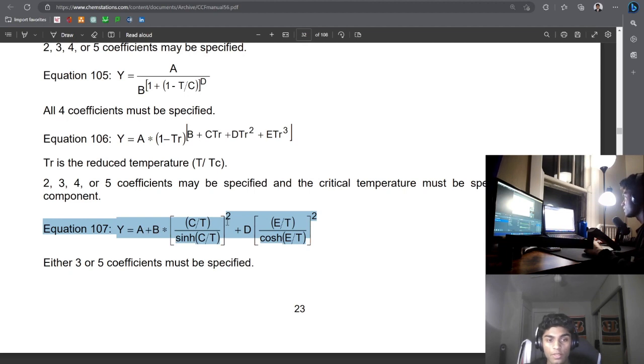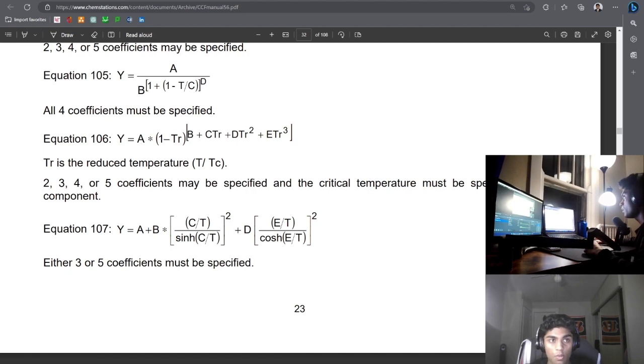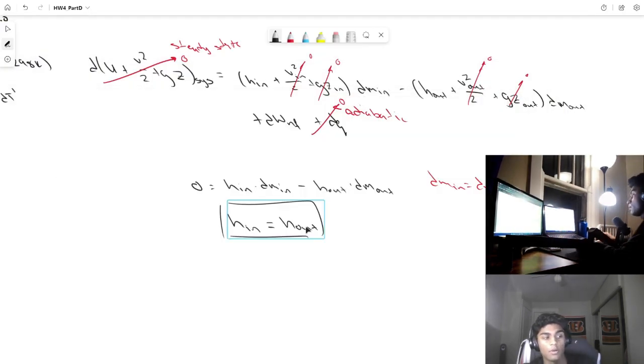It is this big long thing, and what we must do is find the integrals of these internal components here, the C over T over the sinh of C over T, same thing for this one with E over T, and we need to integrate that with respect to temperature. So what I'm going to do is put this on a second monitor. I'm just going to write this down here.